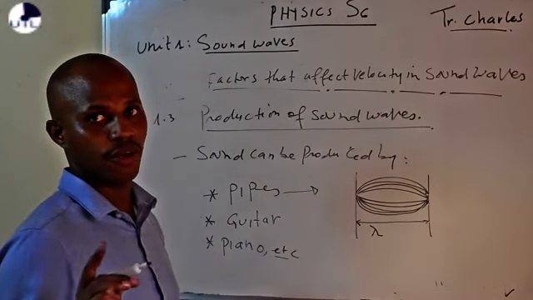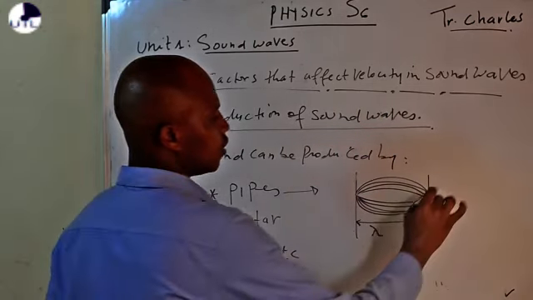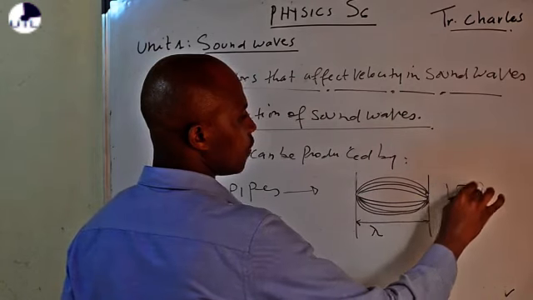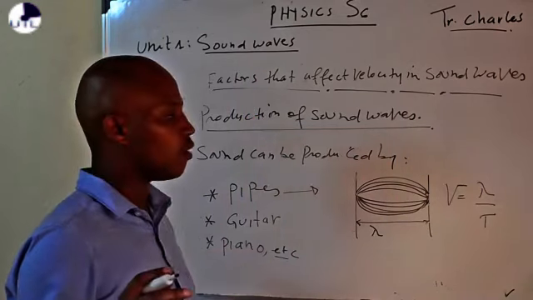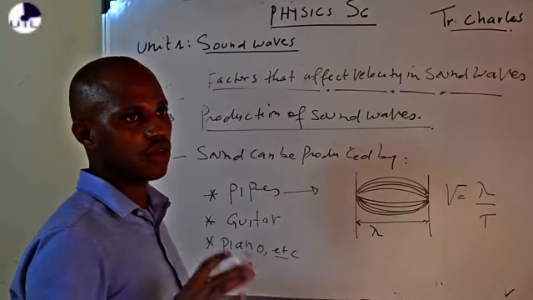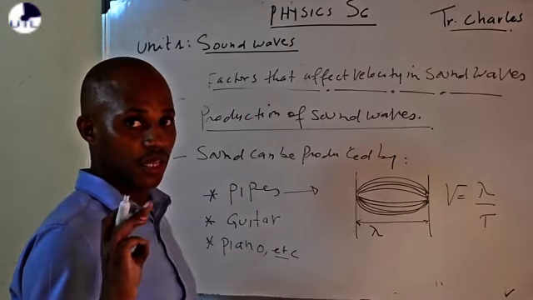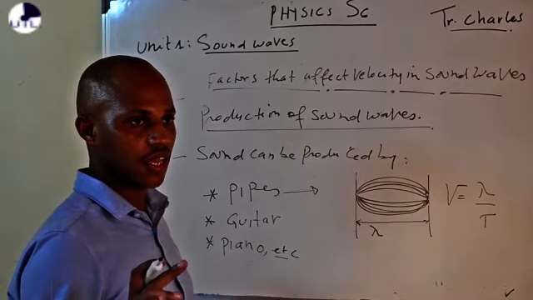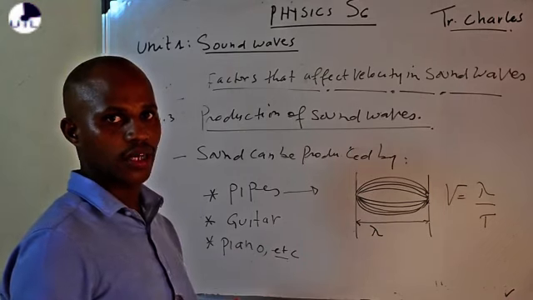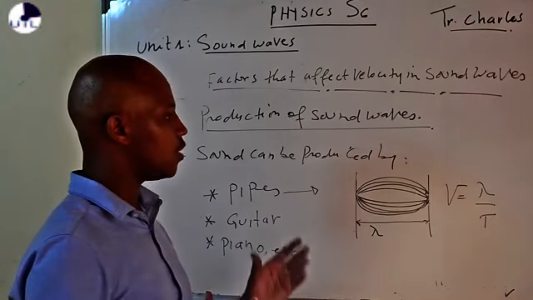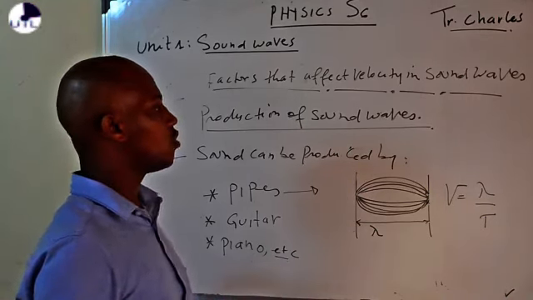Remember, there is a formula that links the speed with the wavelength and the period. And when you are talking about propagation of sound waves, we have seen that they can propagate in solids, gases, and liquids. And we have seen that there is a way that we can find the speed.